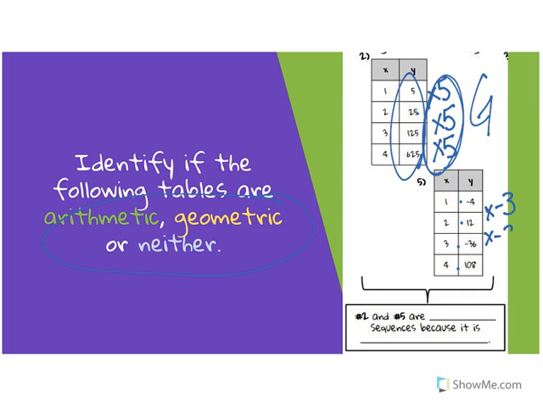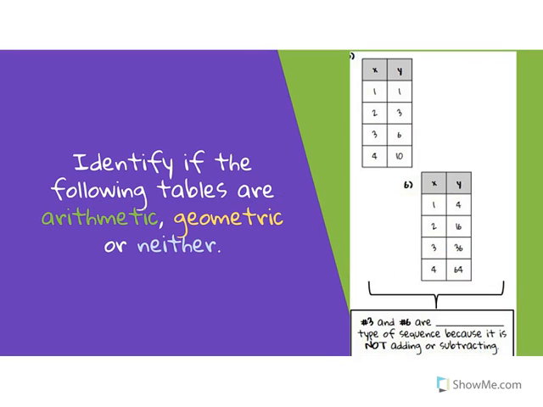Positive 12 times -3 gives you -36. Because remember, a negative times a negative is a positive. So -36 times -3 gives you 108. So again, we have geometric going on there.